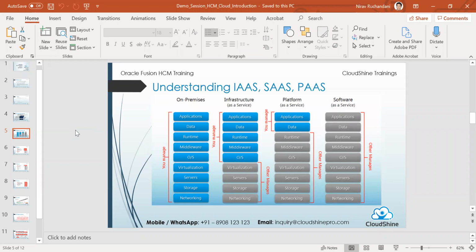But essentially, this is the difference between these four ways in which you can have the platform or the infrastructure or the applications in itself distributed. Okay. Yeah. Thanks, Neera. I think that's clear.